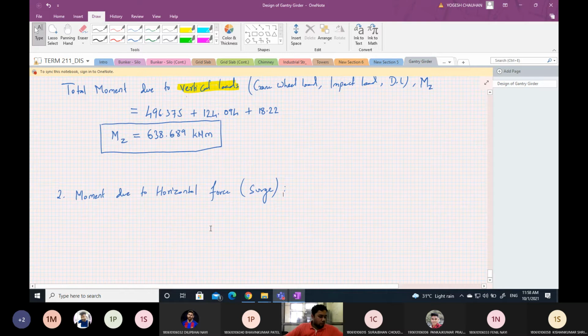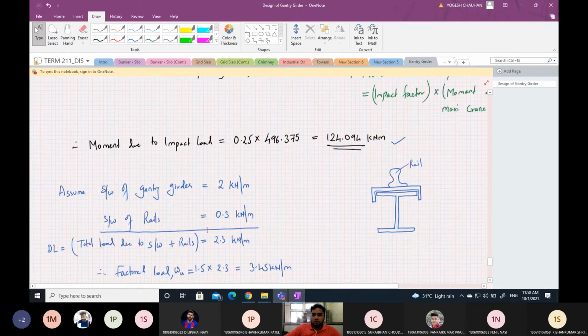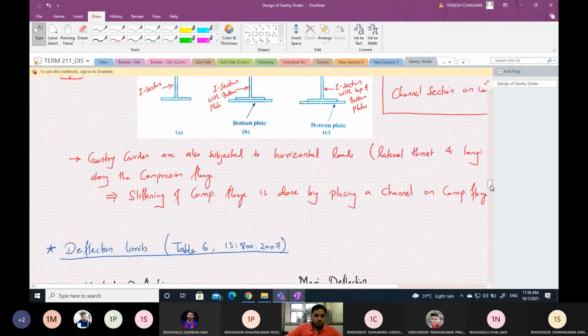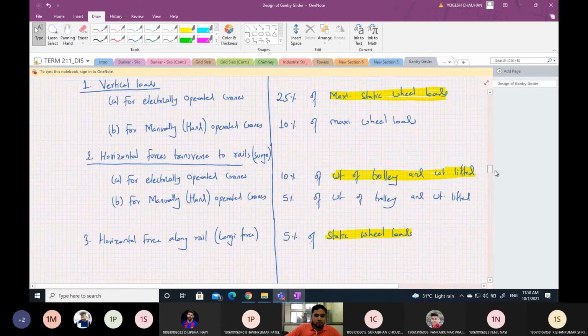Now the horizontal force transverse to the rail for electrically operated crane is 10% of the weight of the trolley plus weight lifted. The weight of the trolley is 50 kilonewton, weight lifted is 250 kilonewton, that is total 300 kilonewton. So 10% of that means 30 kilonewton will be the horizontal force transverse to the rail.